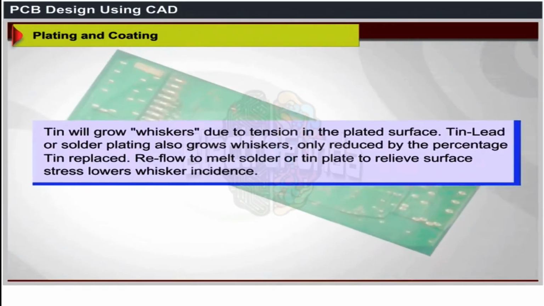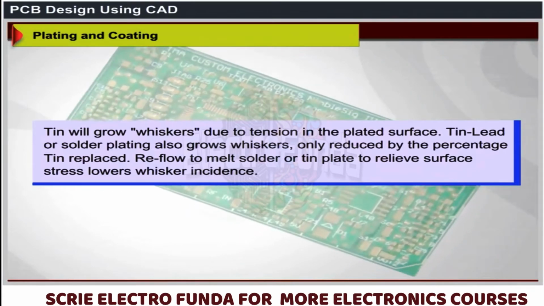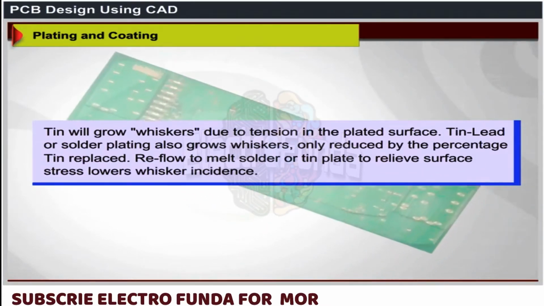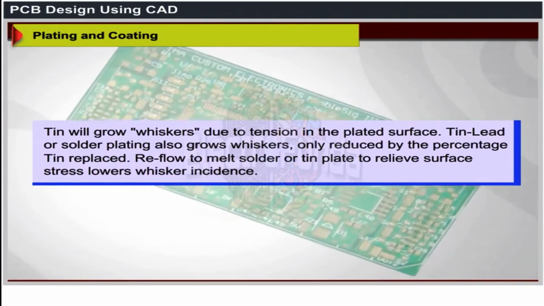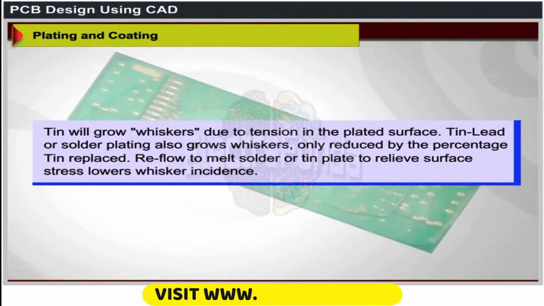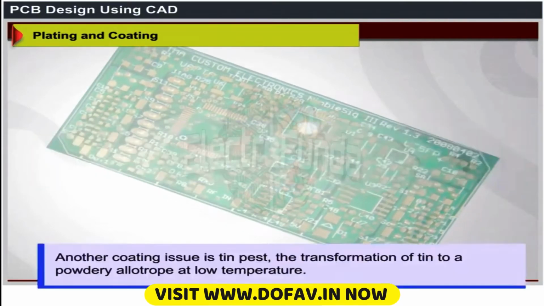Tin will grow whiskers due to tension in the plated surface. Tin-lead or solder plating also grows whiskers, only reduced by the percentage of tin replaced. Reflow to melt solder or tin plate to relieve surface stress lowers whisker incidence.